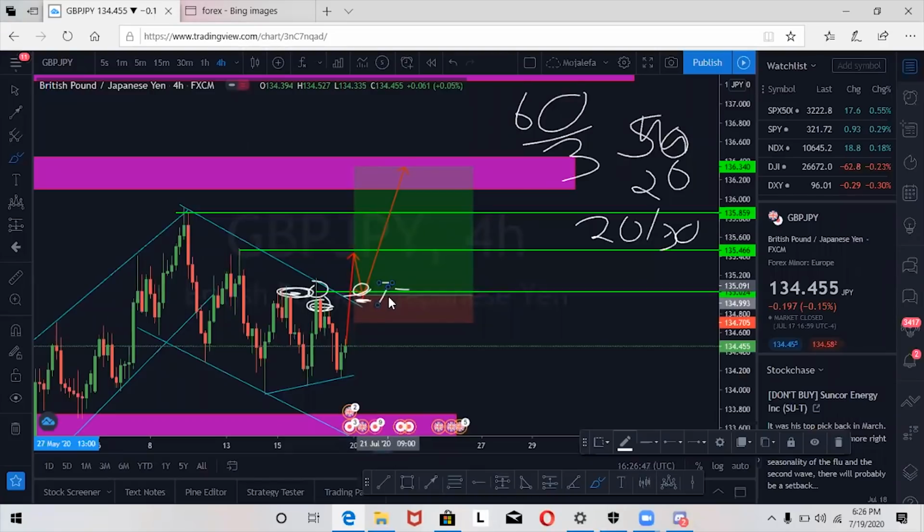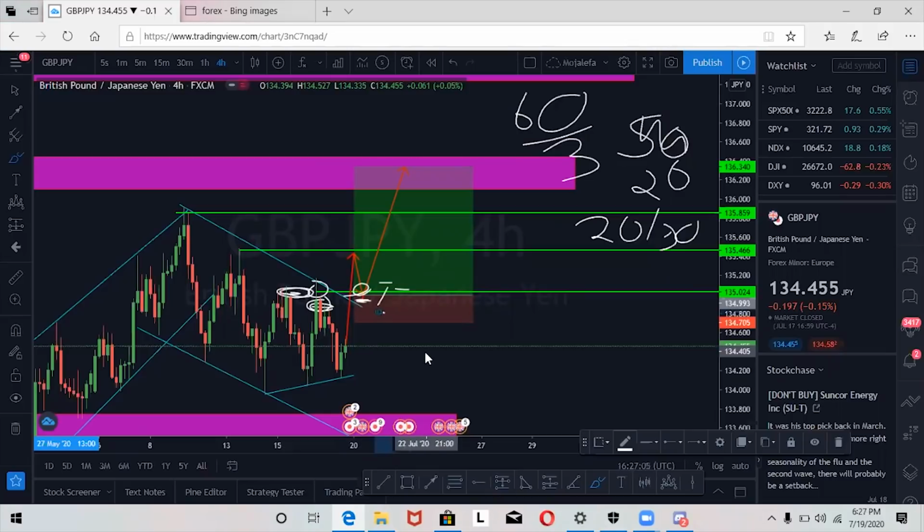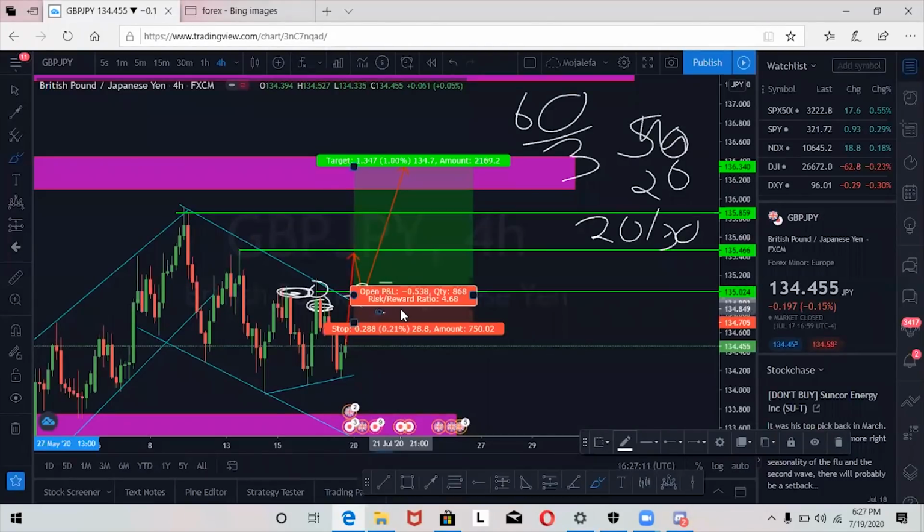Or you know what I can do? Scaling in properly. Remember, scaling in properly. I can just wait for the market to go a little bit somewhere here. Then I'm going to wait for a reversal. You get what I mean? If I get my reversal pattern, I'm going to put more, like a lot 1 here, meaning I already got lot 1.50 in, whereas my calculated lot size was lot 1.